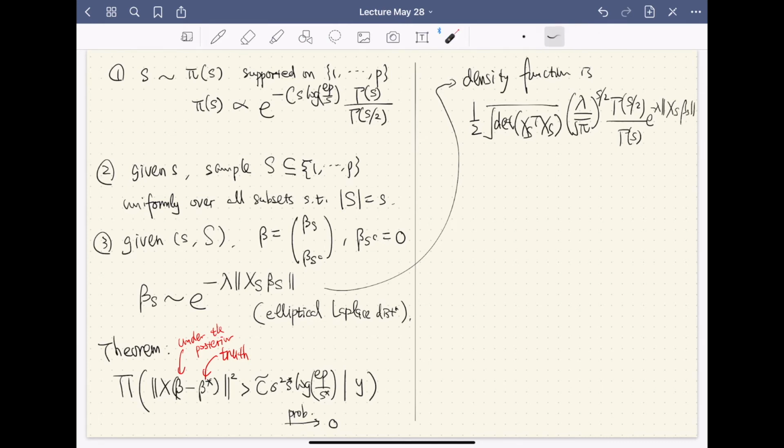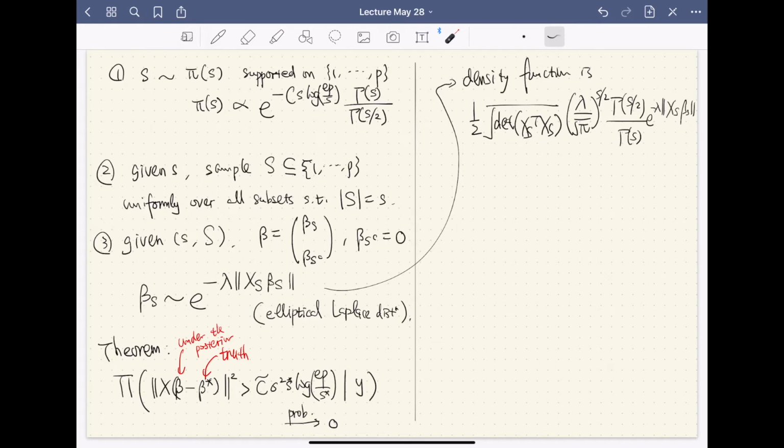Okay, so you can see this is my normalizing factor, right? And why do I need this guy here? In order to cancel the normalizing factor that I have in the prior distribution for the non-zero entries here.